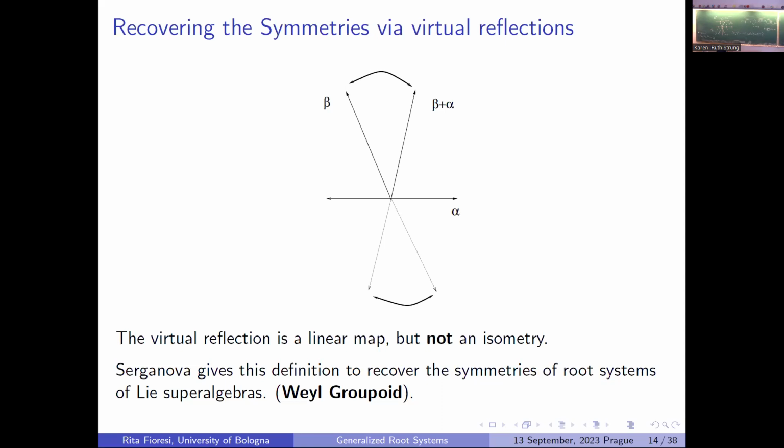You can think of it as a linear map, though if you think really deep and do it for all roots, it won't even be linear, but what do you care? You care what happens inside the system, not the ambient space. Now, Serganova uses these virtual reflections and even defines the Weyl groupoid, I think also in joint work with Pianzola, and it has been greatly influential to us because we thought about our system through that, okay?